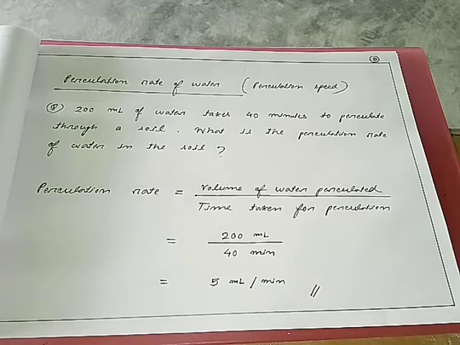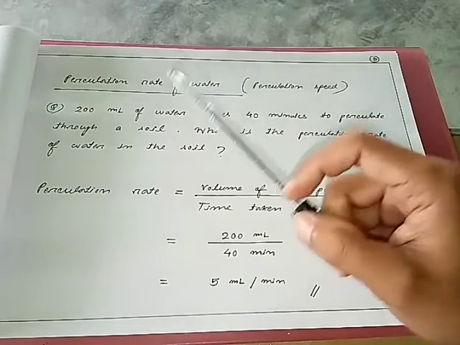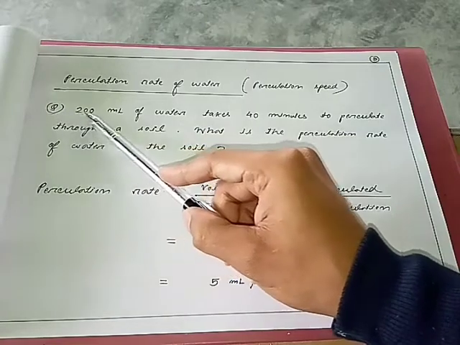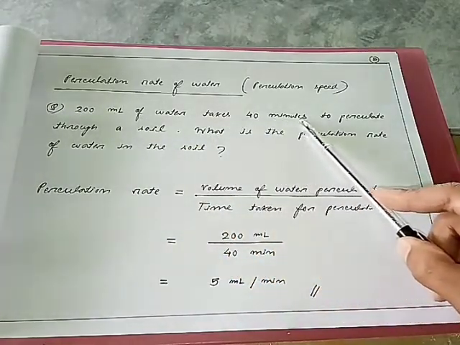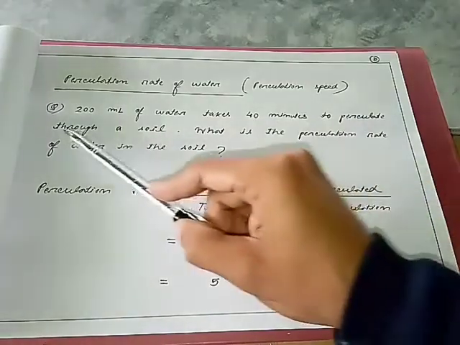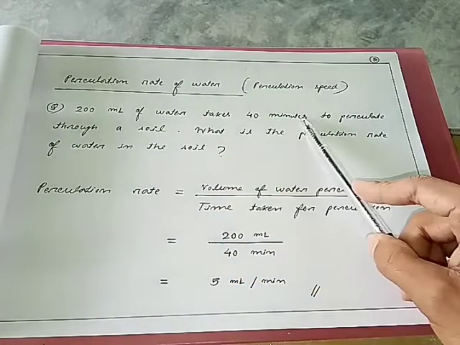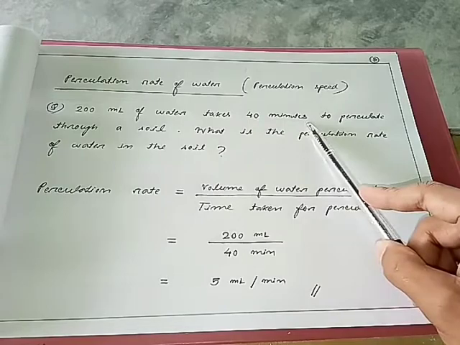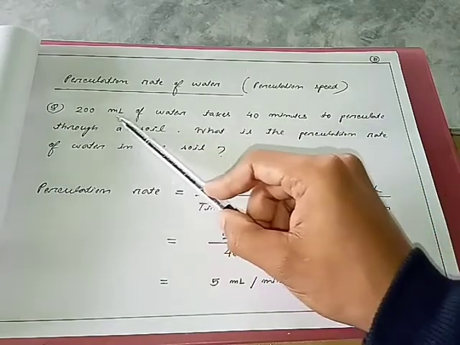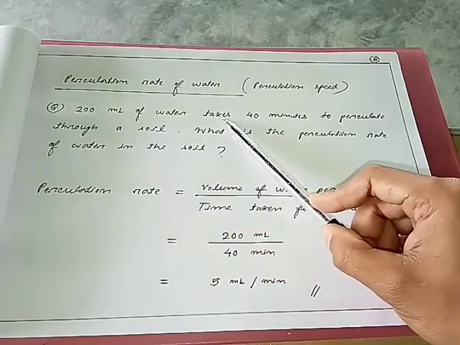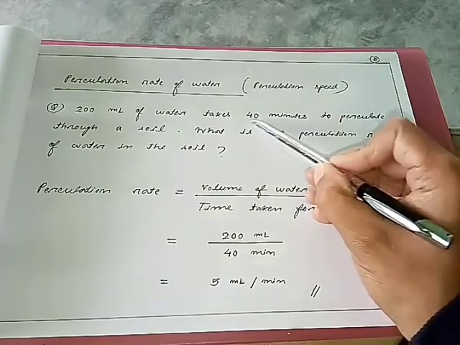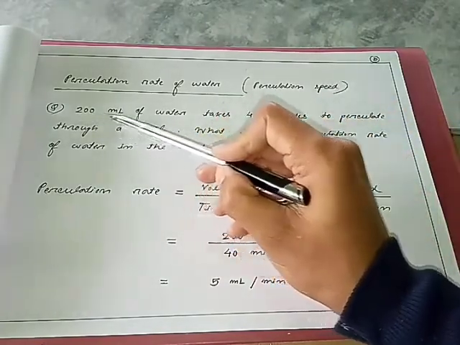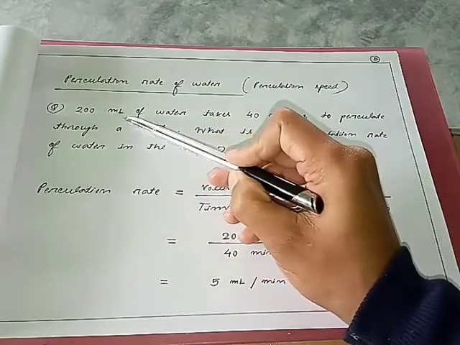Okay, so let us take a question. 200 ml of water takes 40 minutes to percolate through a soil. In 40 minutes 200 ml of water can percolate through the soil.